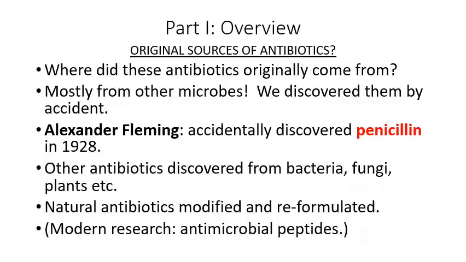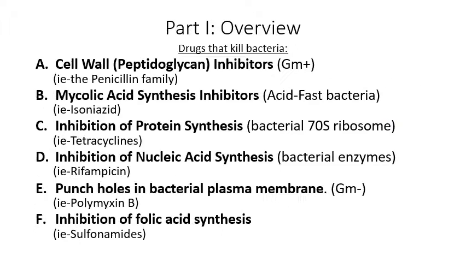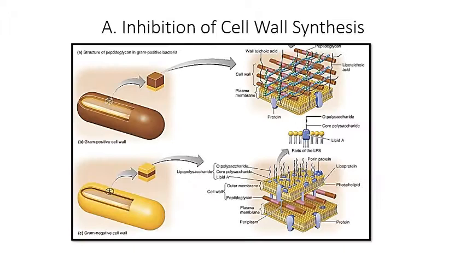All right, so let's go back to the Penicillin family. So let's take a look at the antibiotics that inhibit cell wall synthesis. They inhibit the formation of peptidoglycan cell walls. Okay, so as you already know, gram-positive bacteria have a thick layer of peptidoglycan on the outside of the plasma membrane. Gram-negative bacteria have two cell membranes.